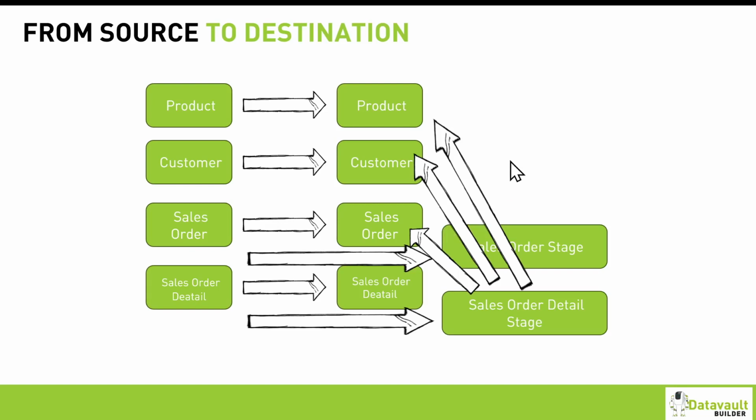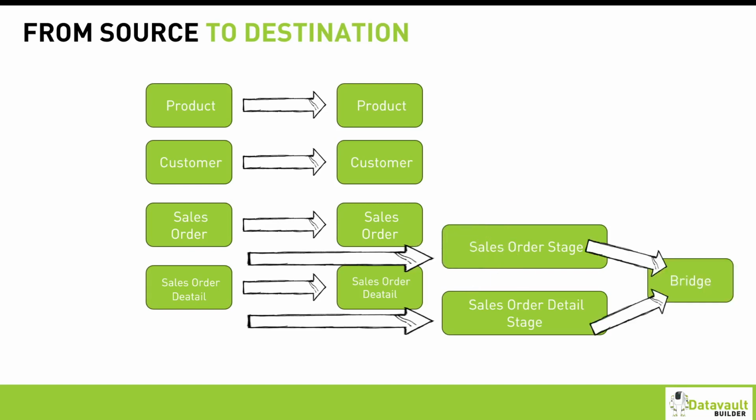And now, after creating both of the stages, we create a bridge. This creation of the bridge is a union all of the entries in the sales order stage and the sales order detail stage. That's why we named the records in here with the corresponding stage, so we will recognize them.